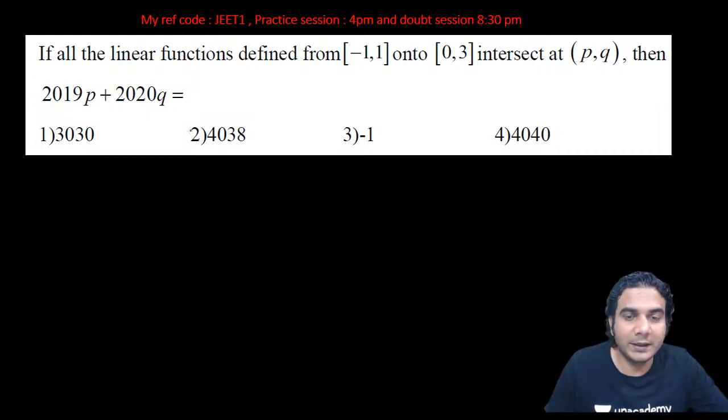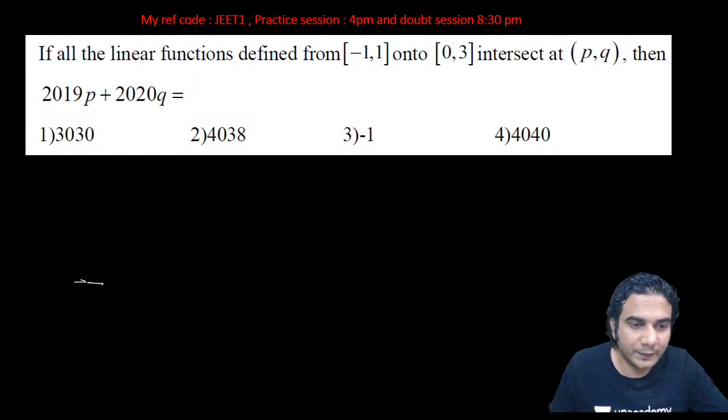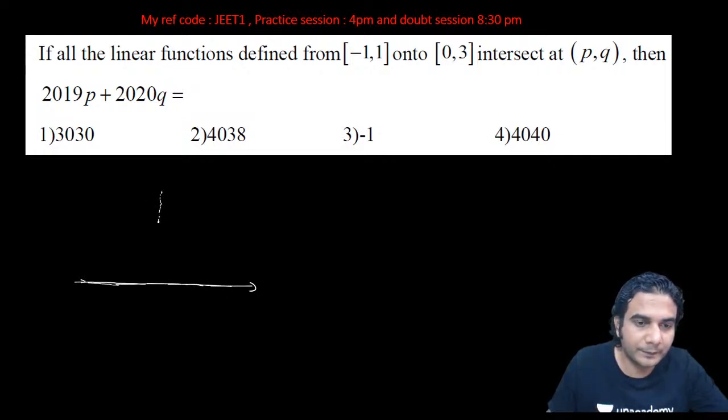Now, consider all the linear functions defined from -1 to 0 to 0. This is a very good question. I hope you have tried it. See what to do in this. This is -1 and this is +1, and this function is onto.